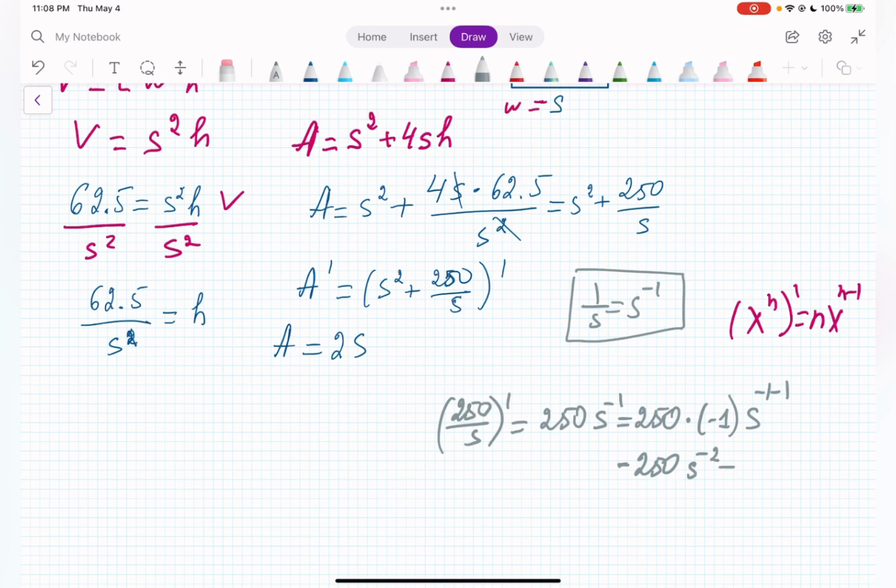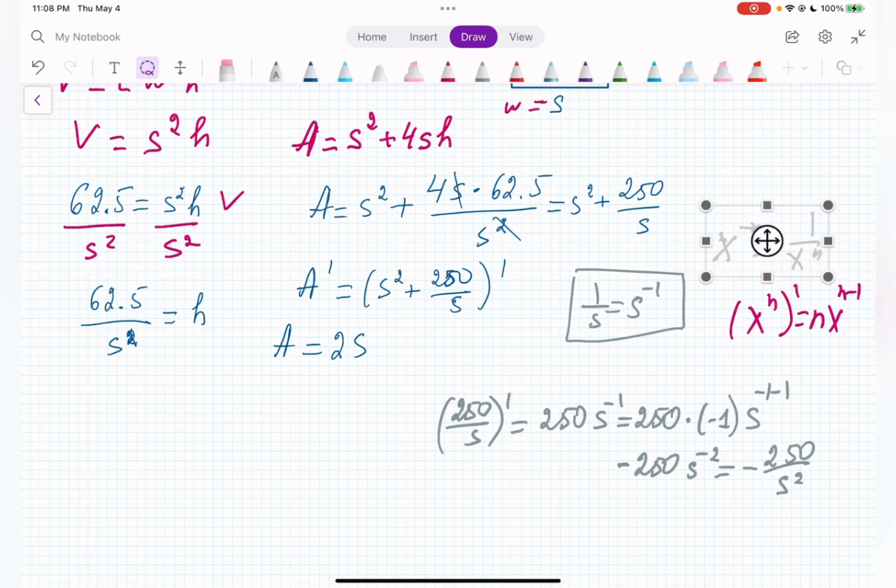Now, S to power negative 2, it's going to be 250 divided by S to power positive 2, because it's going to go backwards, vice versa. The x to power negative n is equal 1 over x to power positive n.